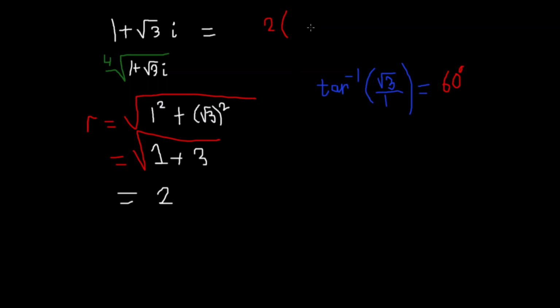So now it's 2 times cosine of 60 degrees plus I sine of 60 degrees.